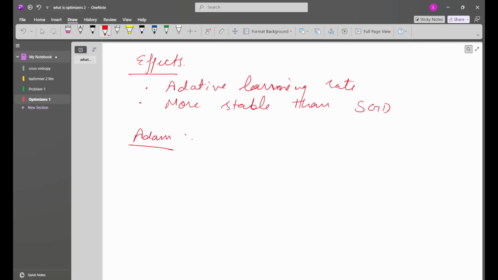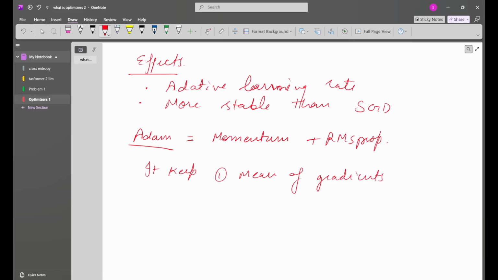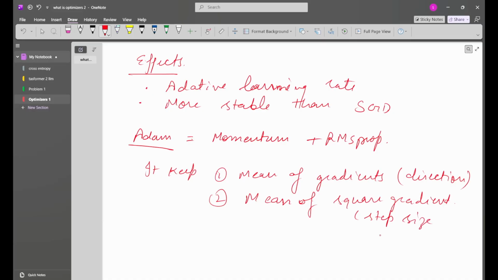So Adam is momentum plus RMSprop. It keeps both: mean of gradients direction, this is the momentum part, and mean of square gradients, this is step size control.